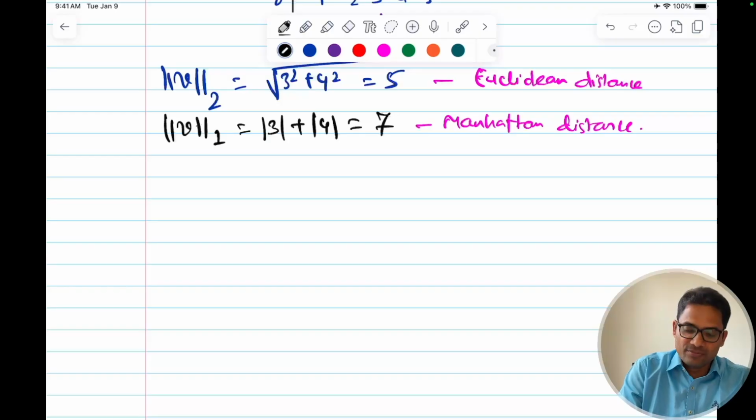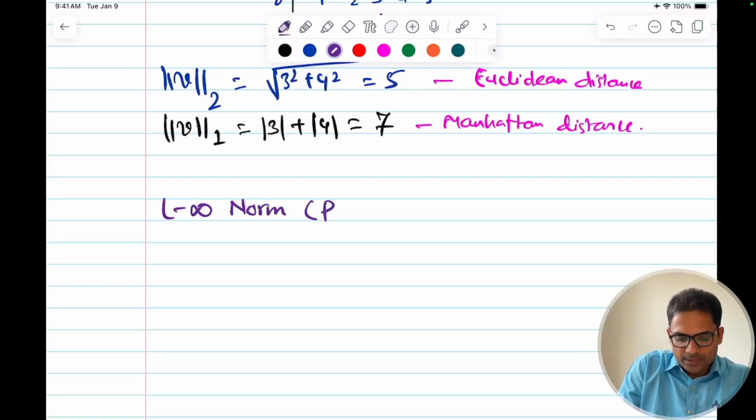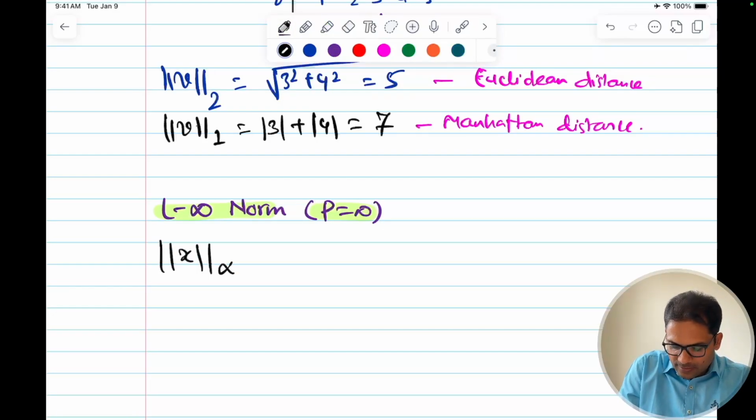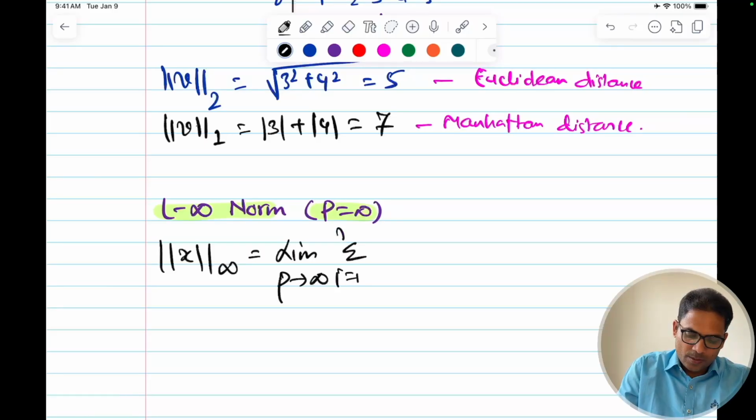There's one L infinity norm, where p is equal to infinite dimensions. How do we write it? The infinity norm of x is equal to the limit p tends to infinity of sigma i equal to 1 to n, mod xi to the power p, whole to the power 1 by p.